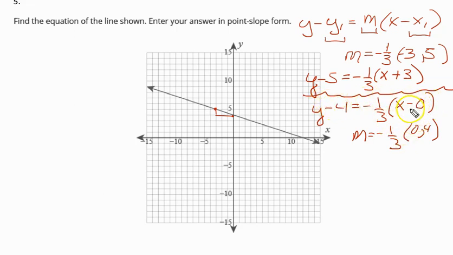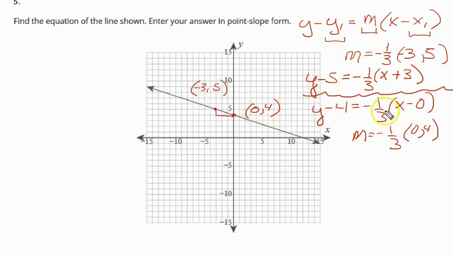Let's show you how this one would have worked. If our slope is still a negative 1/3, but then instead of using this point here, which was a negative 3, 5, suppose we chose the y-intercept, which would be 0, 4. Well, the slope part would have been the same. Here we would choose the y as a 4, but in the formula, again, because of the negative, would be a negative 4.